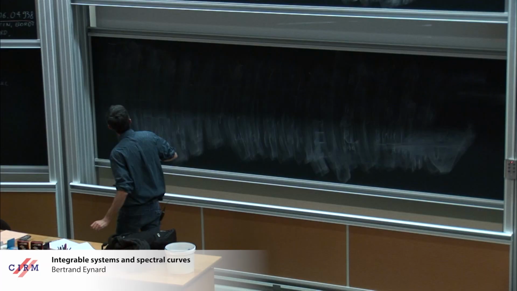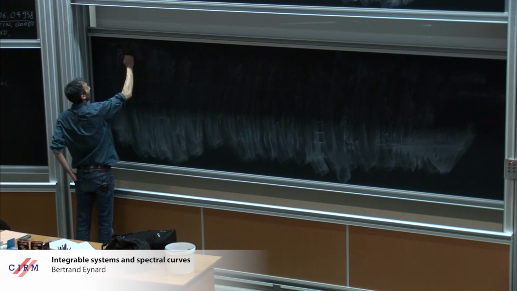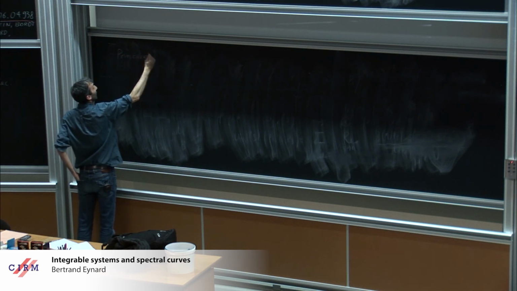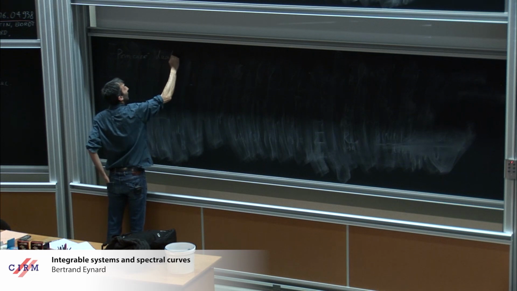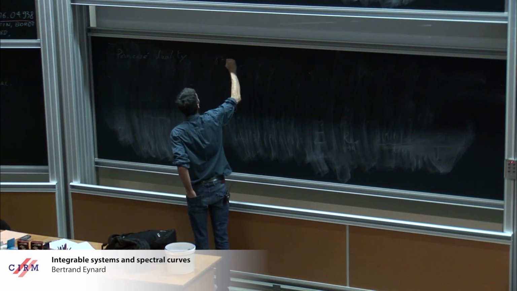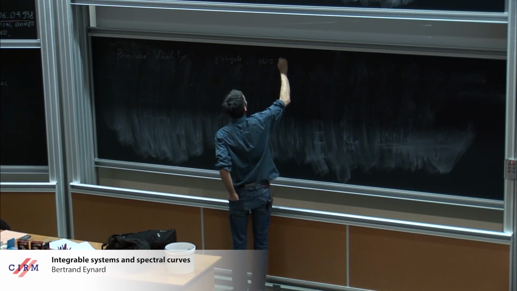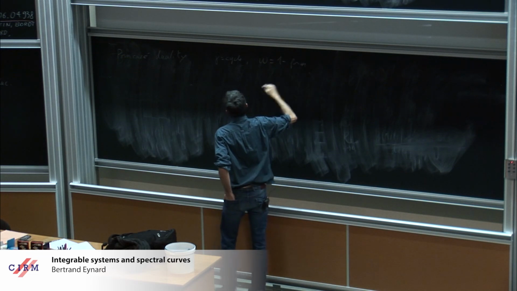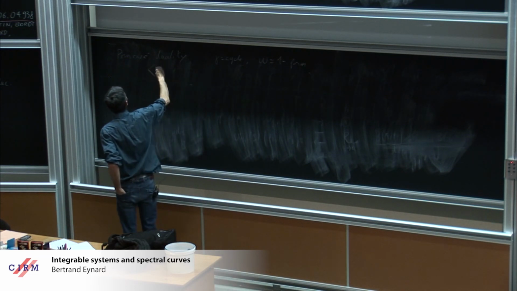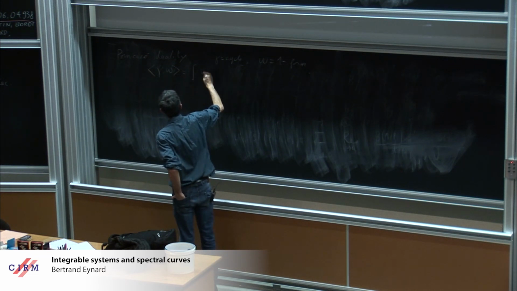So what is form-cycle duality? Well, this is the point. You have a Poincaré duality, which just says that if gamma is a cycle and omega is a one-form, you have a pairing of gamma and omega, which is just the integral of omega along gamma.